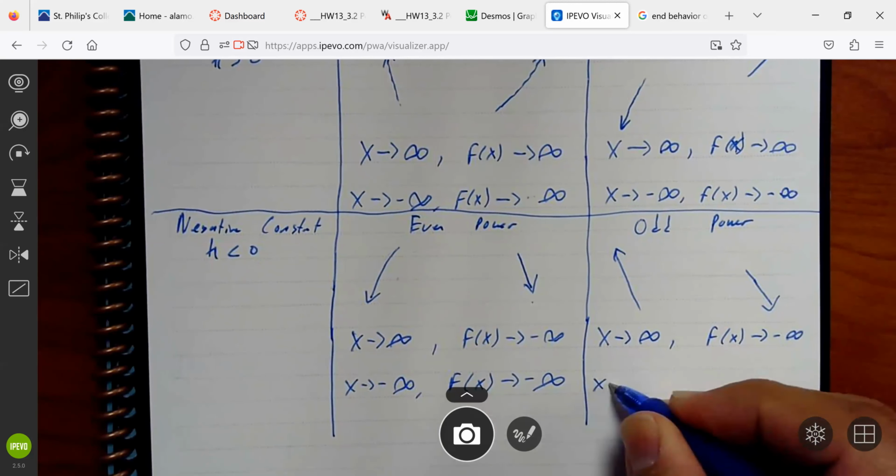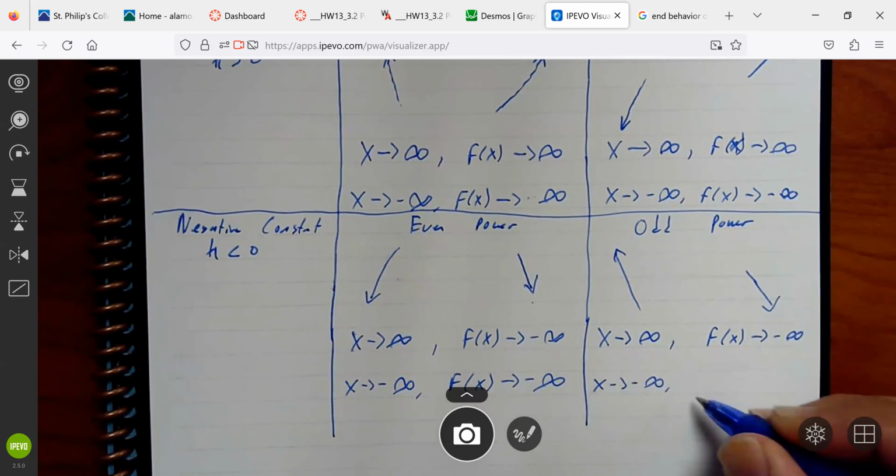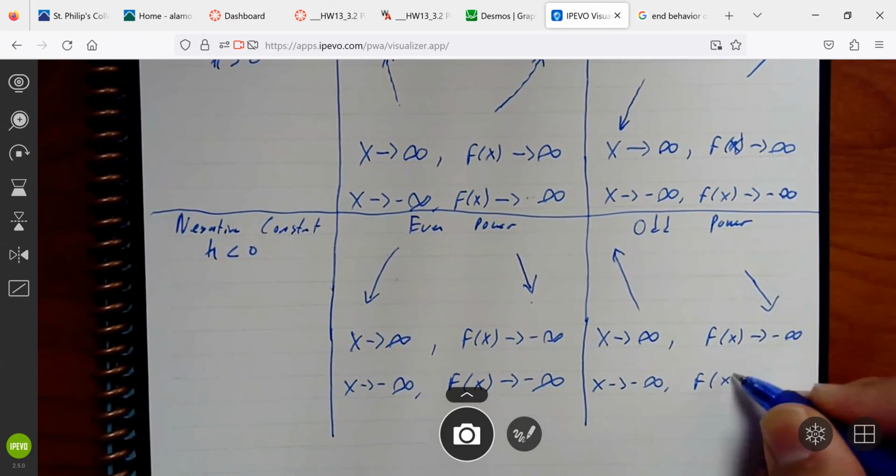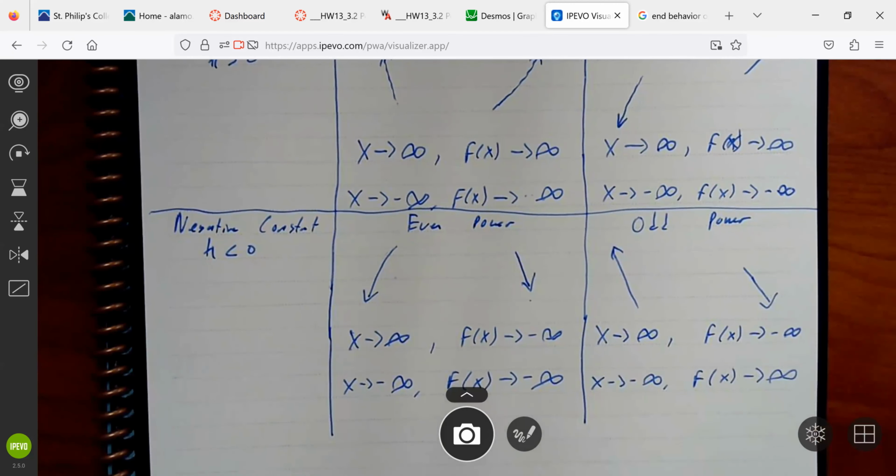When it goes to negative infinity, this goes to positive. Okay, so that's the end behavior stuff you need to know.